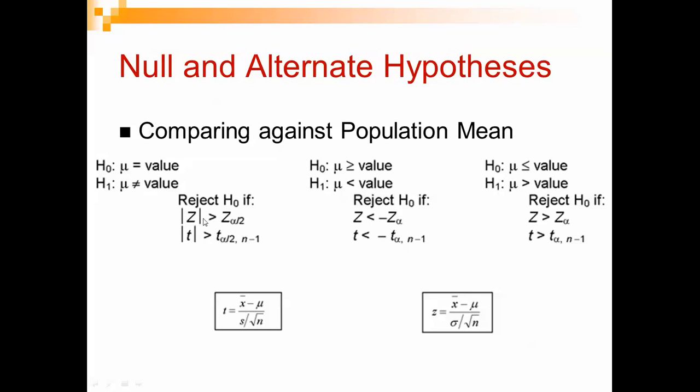Then we do our sample z statistic based off of the data that we collected. Same thing goes if we use a t-test. We take the absolute value and we're going to reject the null hypothesis if the absolute value of our observed t value is greater than our t critical value.